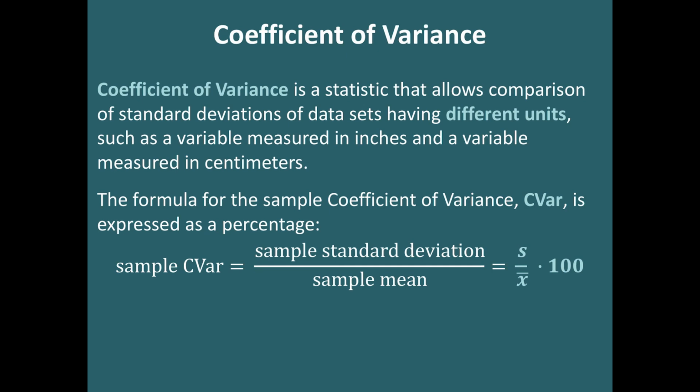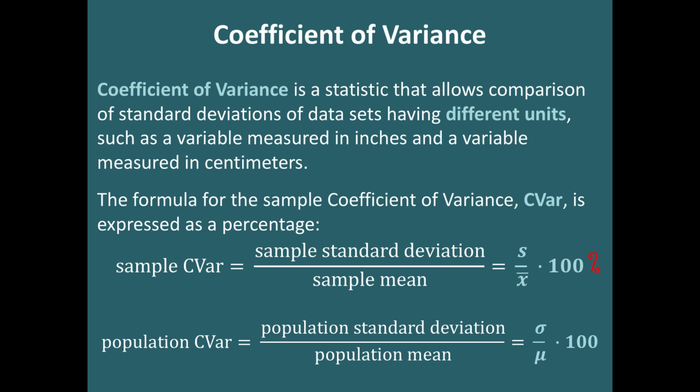As you can see, it's the sample standard deviation divided by the sample mean times 100. Population C bar would be the population standard deviation divided by the population mean, again multiplied by 100 to make it a percent. Use this formula when asked to find the coefficient of variance.